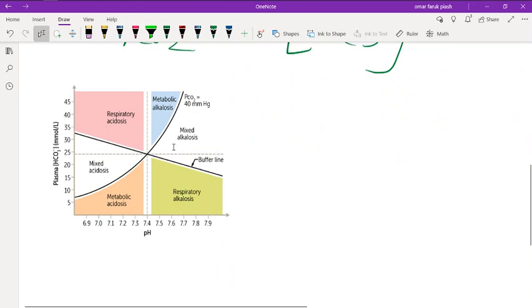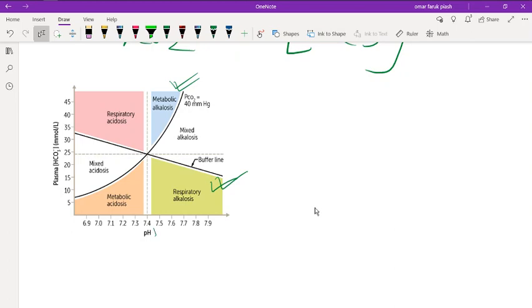This is the Davenport diagram. In the Davenport diagram, this is the place of respiratory alkalosis, this is metabolic alkalosis, and this is the portion of the acidosis.